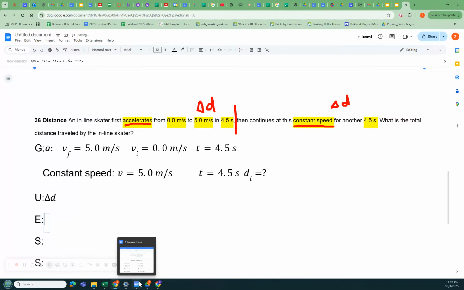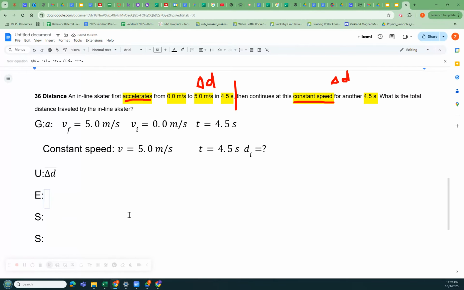Equations. We're going to use multiple equations here. And for the first part, first we need to figure out acceleration. Well, based on the information given, use this kinematic equation: Vf equals at plus vi.